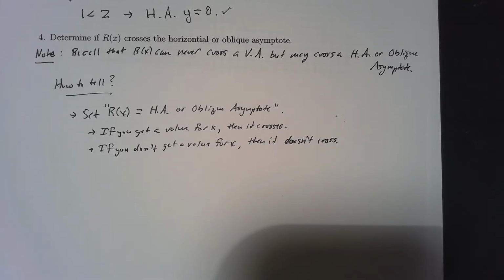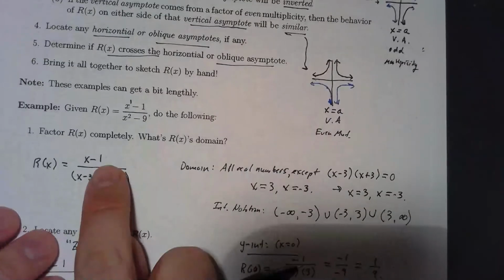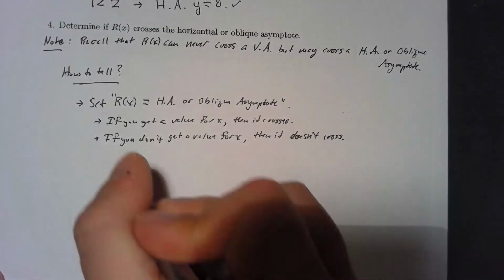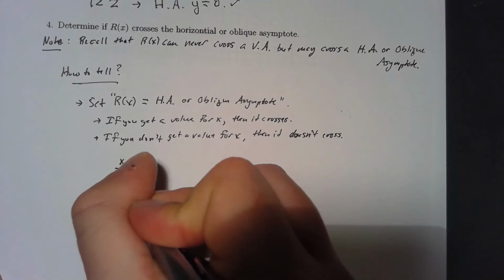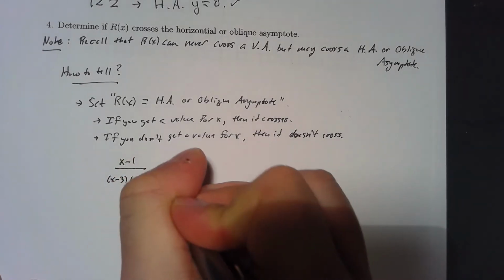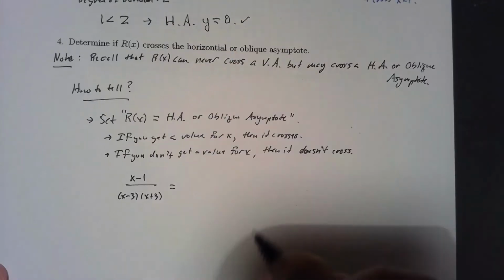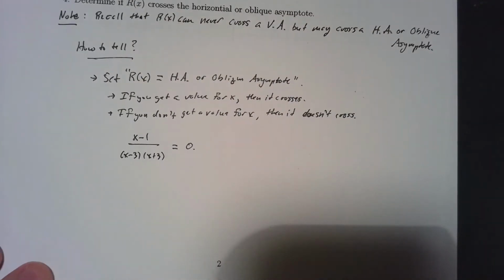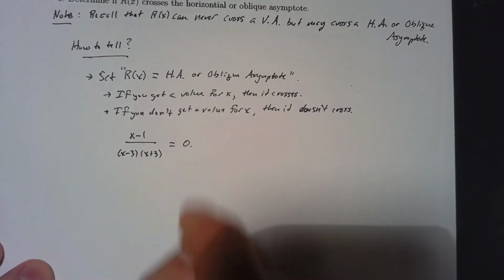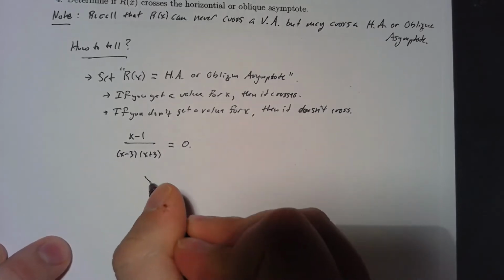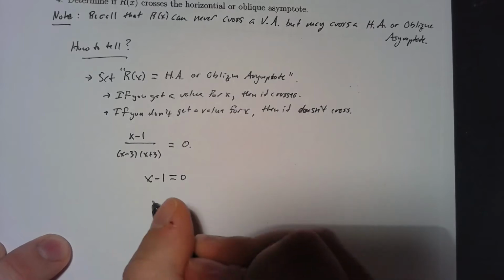All right. So my rational function is x minus 1 over x minus 3x plus 3. And I'm going to set that equal to my horizontal asymptote, which was 0. So if I solve this equation, no, I already did that, didn't I? I already did that. So if I solve that equation, I get x minus 1 equals 0, which means x equals 1.